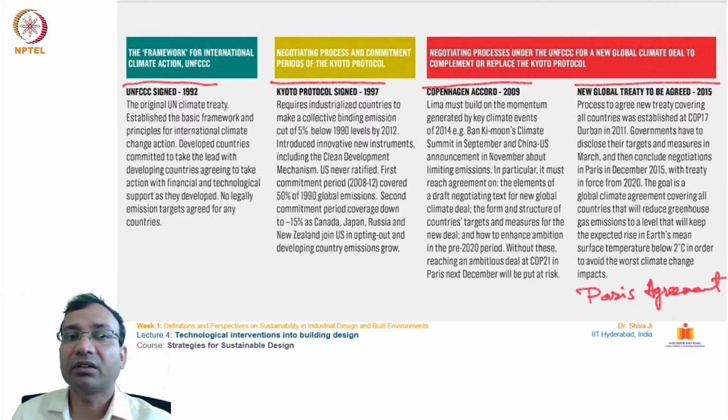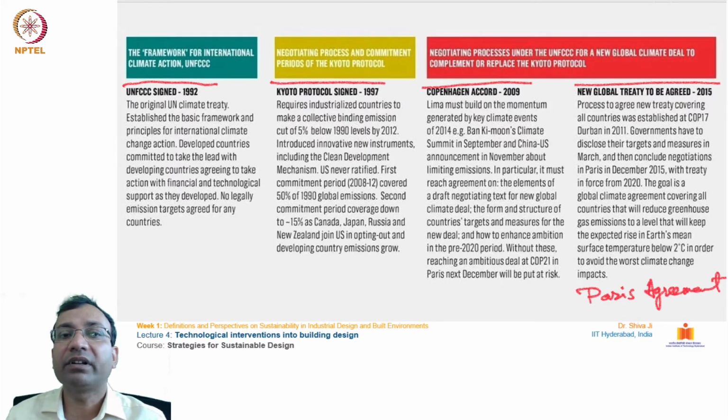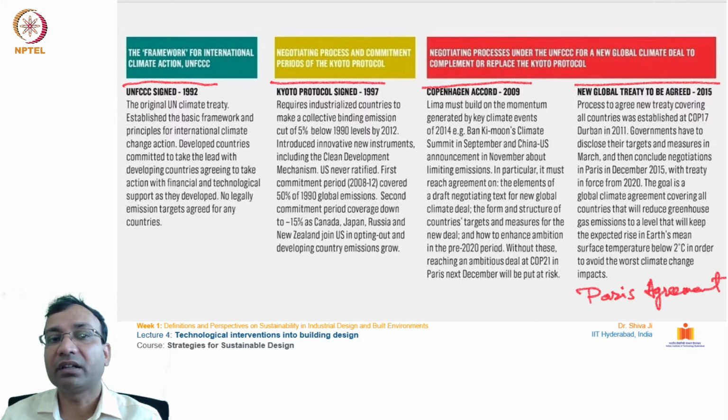The goal is a global climate agreement covering all countries that will reduce greenhouse gas emissions to a level that will keep the expected rise in Earth's mean surface temperature below 2 degrees centigrade, in order to avoid the worst climatic change impacts. So these were the negotiating processes under the UNFCCC for a new global climate deal to complement or replace the Kyoto Protocol.